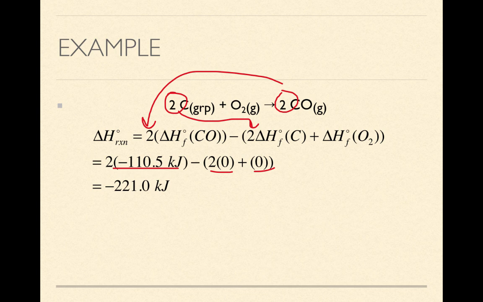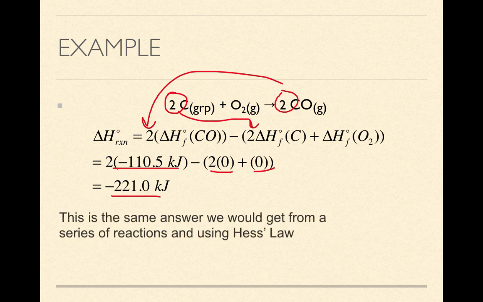So I end up with minus 221.0 kilojoules for this reaction. So that's my delta H of reaction. If we were to do a series of reactions using Hess's law, where I looked up a bunch of different reactions to add up to this overall reaction, I would actually get the exact same answer.